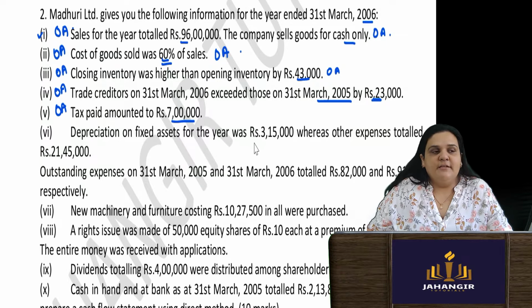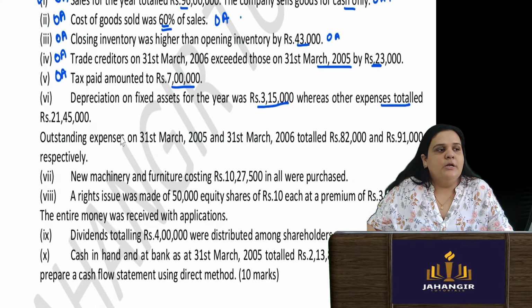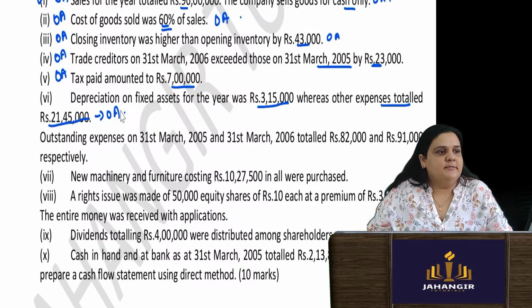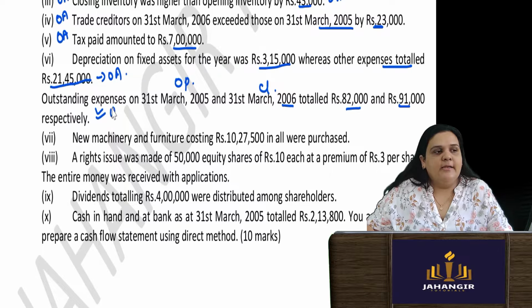Depreciation on fixed assets for the year was rupees 3,15,000, whereas other expenses totaled 21,45,000. This is also operating related expenses. Outstanding expenses as on 31st March 2005 and 31st March 2006, opening and closing, total to 82,000 and 91,000 respectively. Again, this is relating to your operation.